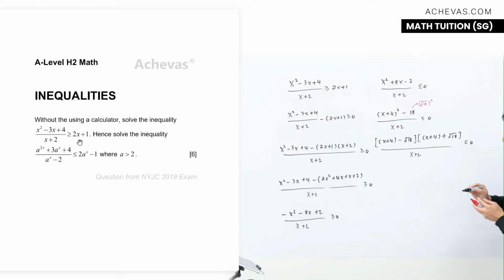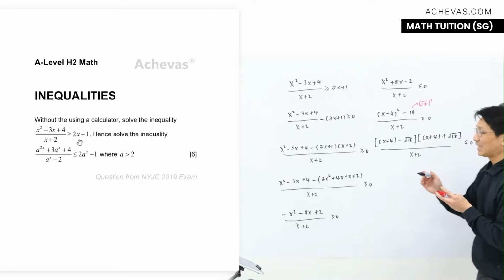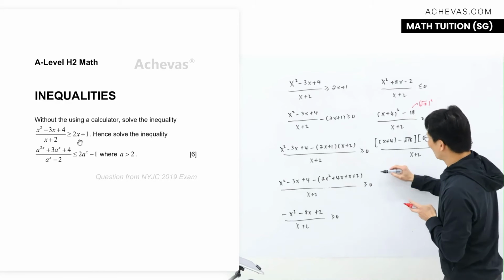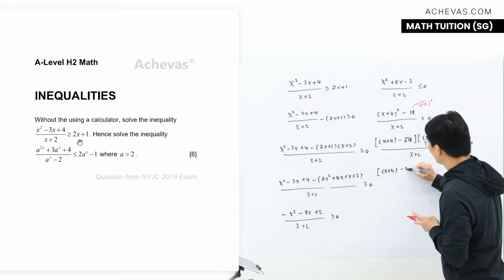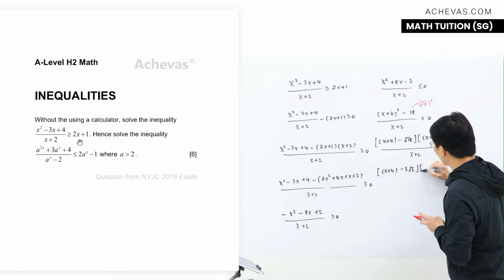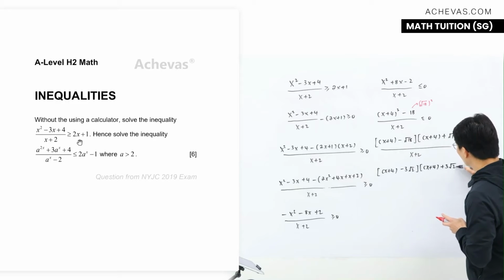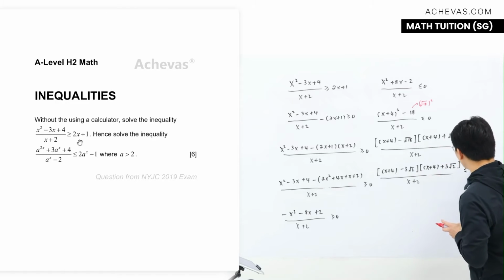We can simplify a bit more because root 18 is the same as root of 9 times 2, and root 9 gives us 3. We will have (x plus 4 minus 3 root 2)(x plus 4 plus 3 root 2) over x plus 2 lesser or equal to 0.